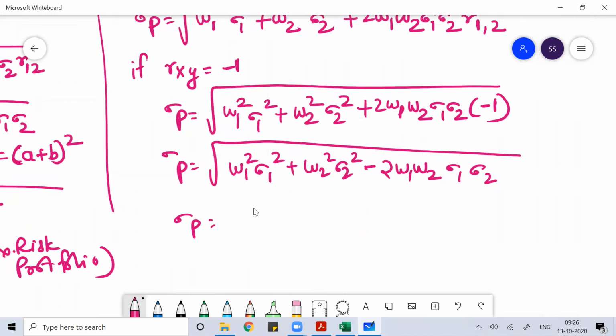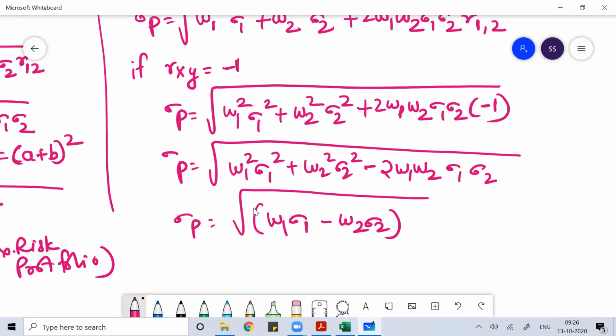So the standard deviation of the portfolio is the square root of W1 sigma 1 minus W2 sigma 2 whole square. This would be in the form of A square plus B square minus 2AB.